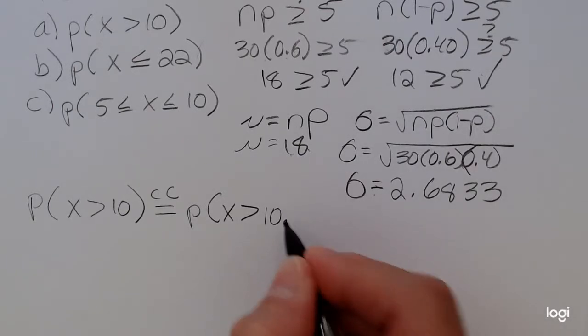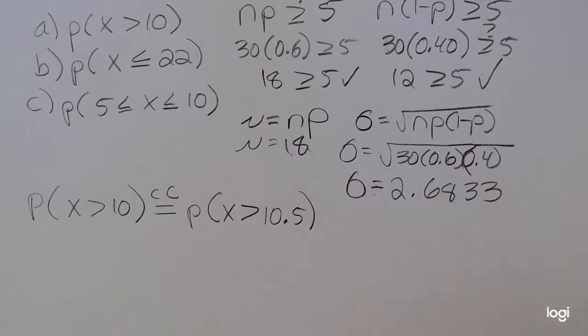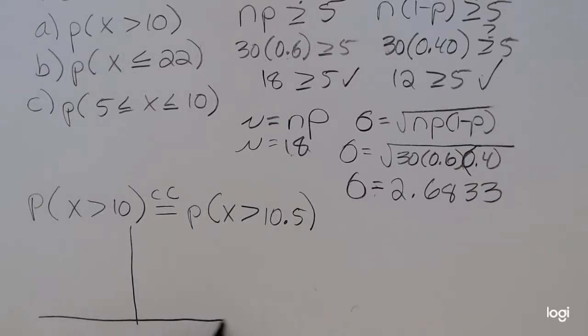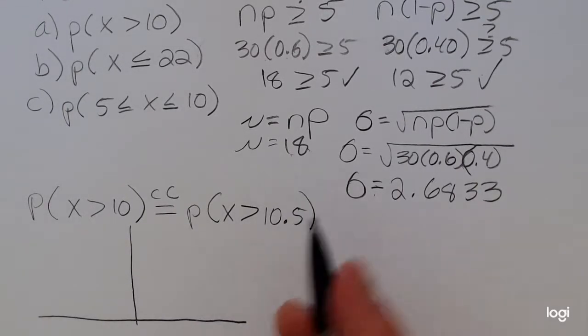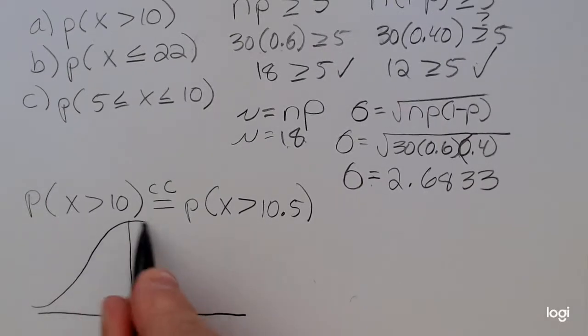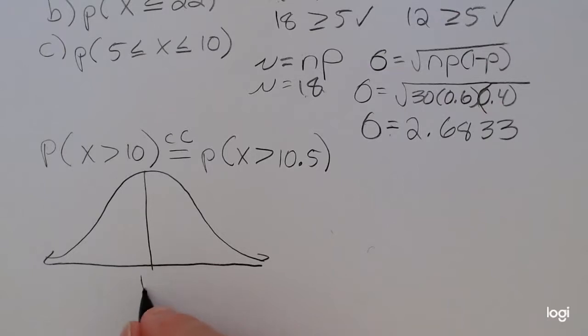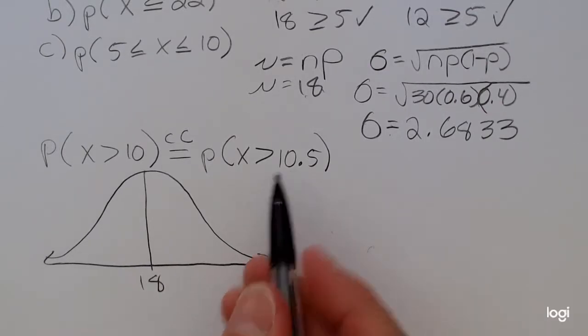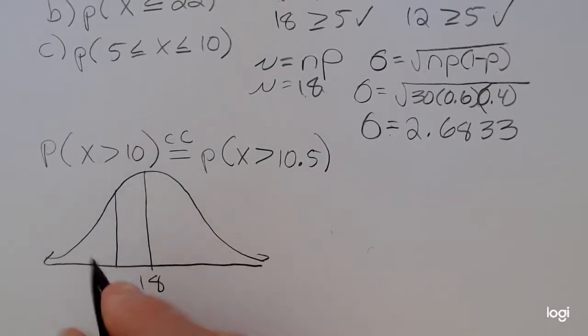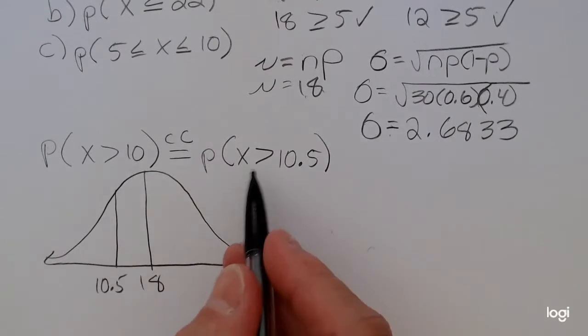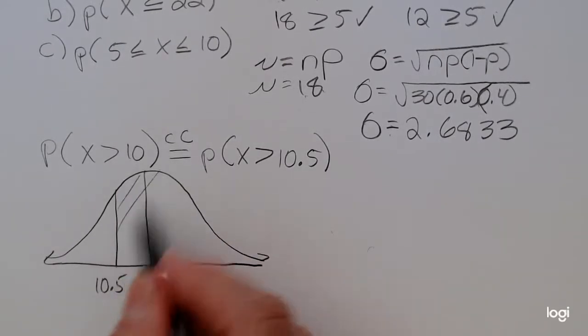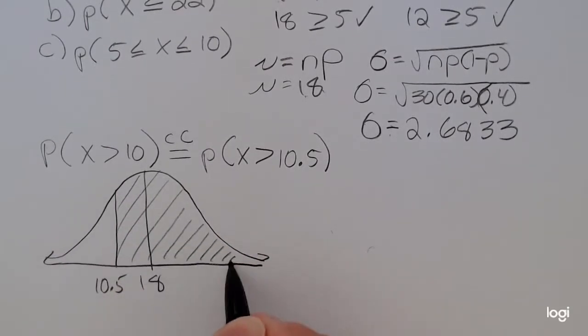You're certainly welcome to take a look at that. All right, so my mean is 18 for the normal distribution. 10.5 is below the mean. And I have a greater than situation, so I'm shading to the right.